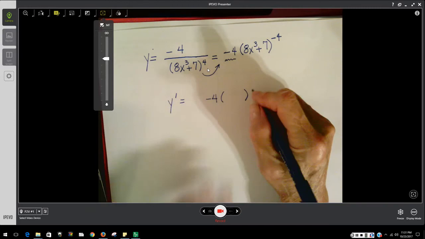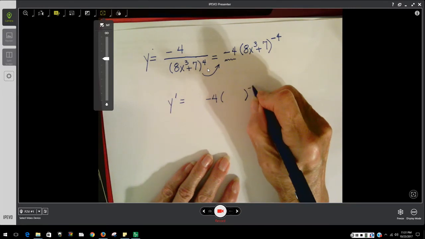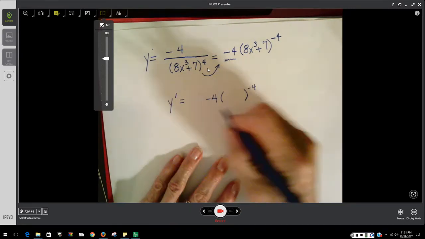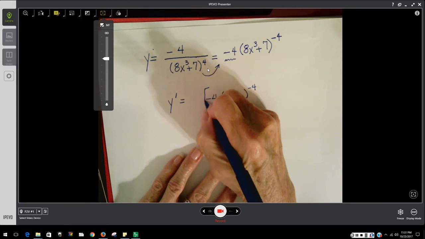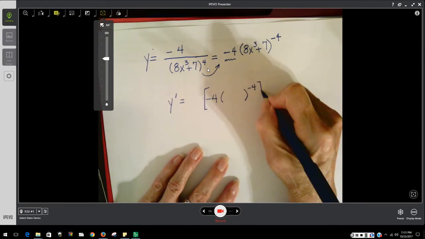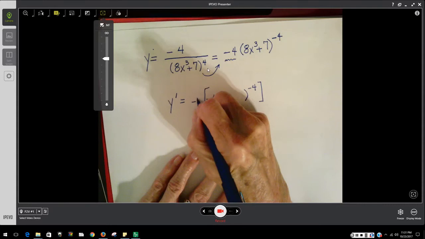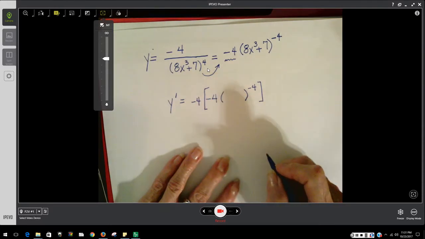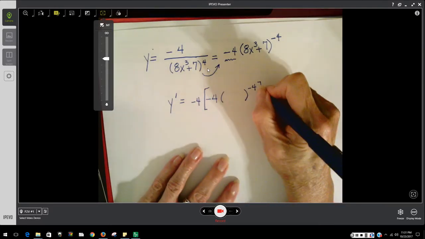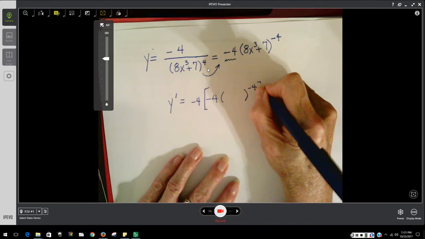Now the set of parentheses has the power negative 4 on it, so in order to take care of that, we are going to bring the negative 4 down in front of the entire function and treat it as a multiplier. And then we're going to reduce that power by 1.